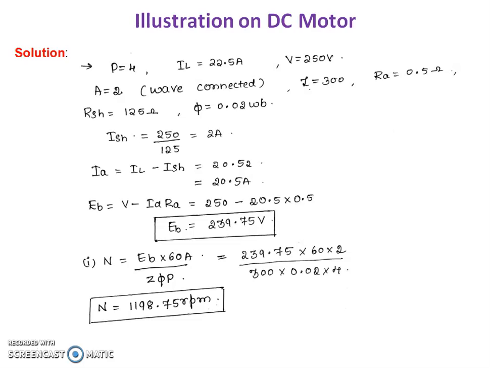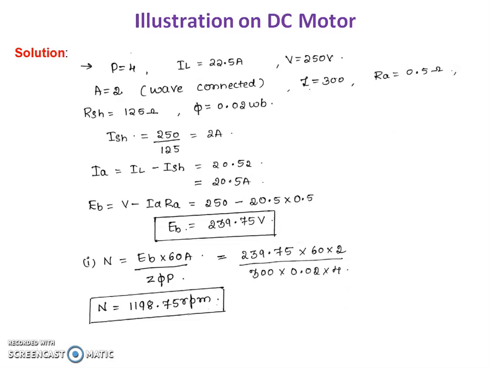First we note down what are the things given in the problem. Number of poles P equal to 4, IL equal to 22.5 amperes, terminal voltage V equal to 250 volts, A equal to 2 since it is wave connected, Z equal to 300, RA equal to 0.5 ohm, RSH shunt field resistance equal to 125 ohm, phi equal to 0.02 Weber.